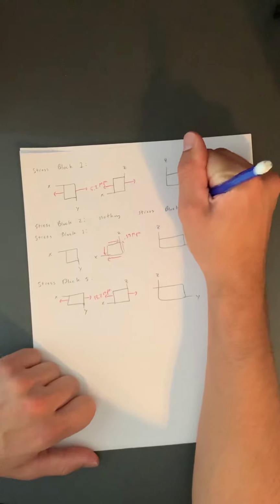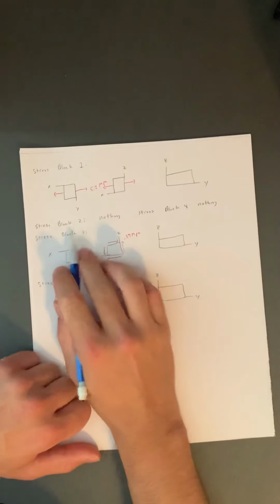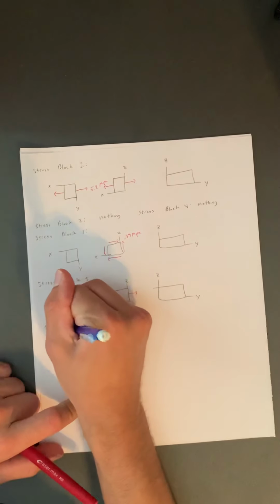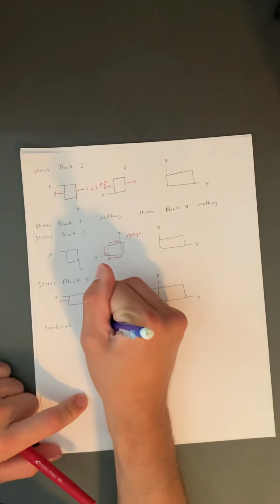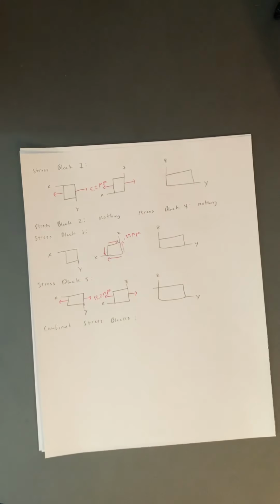Okay, so now we have each reactionary force's stress block. And so now what we can do is we can combine these stress blocks to solve for the total stress due to the forces in the beam shown below.